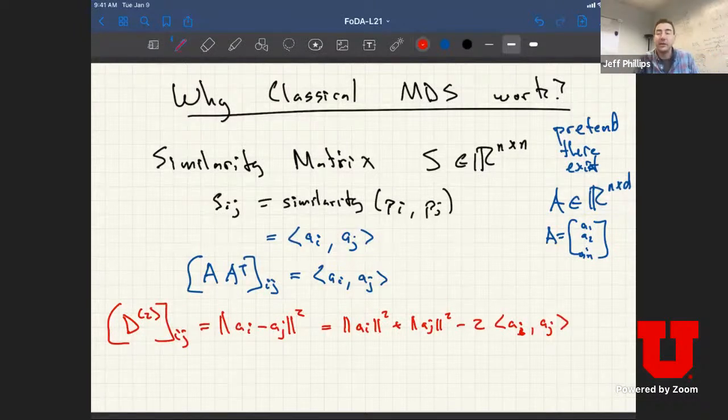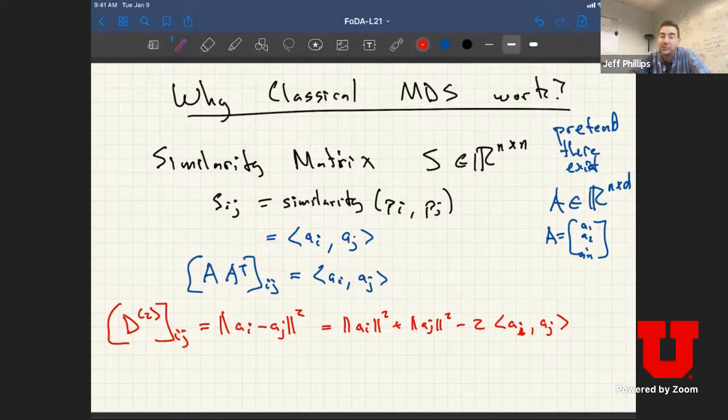This is the standard expansion of a squared distance. If this was instead scalar values and I expanded the quantity a minus b squared, it would be a squared plus b squared minus 2ab. So that's the same thing happening with Euclidean distance.